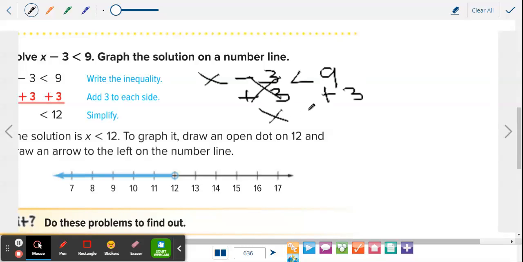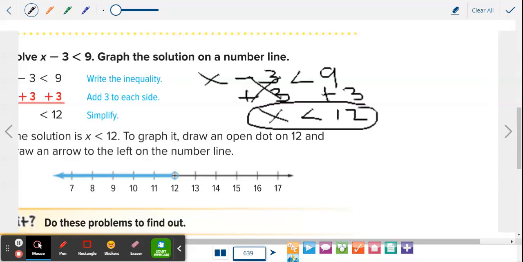We just keep the inequality symbol, less than, and then 9 plus 3, 12. So there's the inequality. And then you just graph it. So if it's this symbol, is it a circle or a dot? Circle, because it doesn't equal 12. And then since it's less than, left or right? Left. That's it. So let's go to page 639 when you get all this.